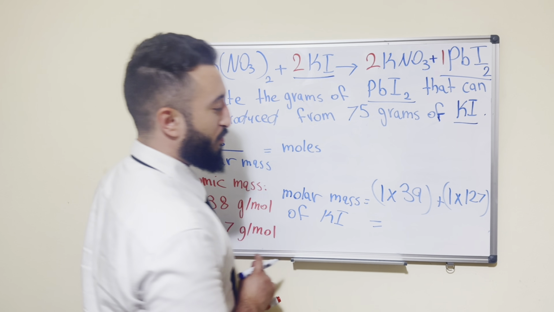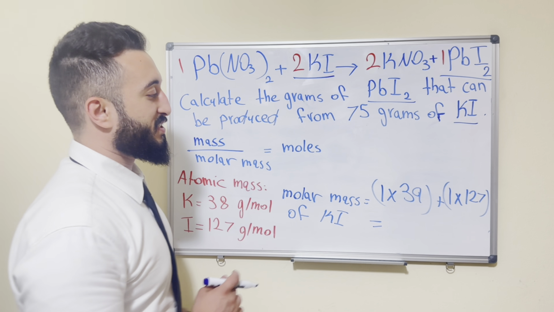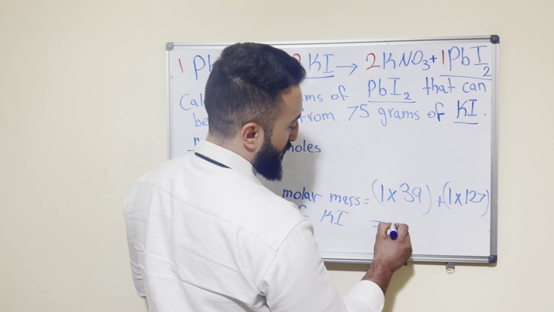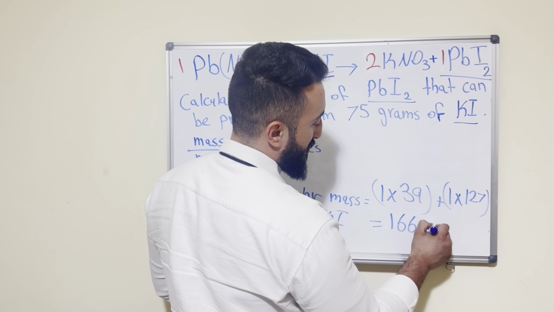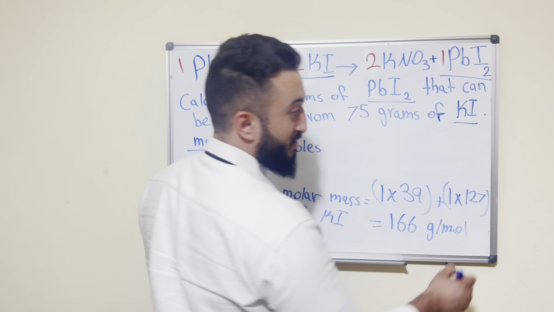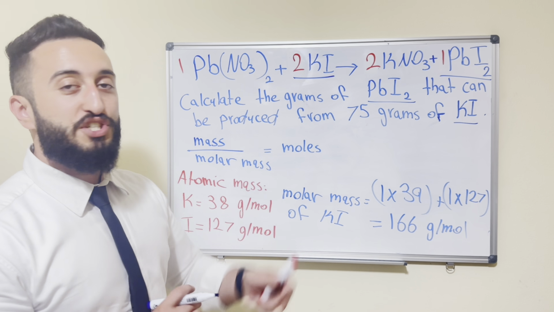So what is the molar mass here? 39 plus 127 will equal 166, and this is the molar mass of the compound. So how can we measure the moles?